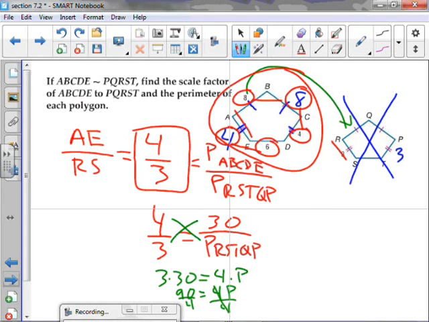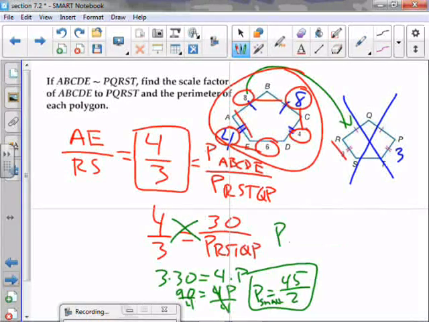You know what? Never mind. I'm just going to leave it as 45 over 2. The perimeter of the second guy equals 45 over 2, or 22 and a half, but we'll do it as 45 over 2. That was the perimeter of the smaller. The perimeter of the larger, again, was 30. And we're done.